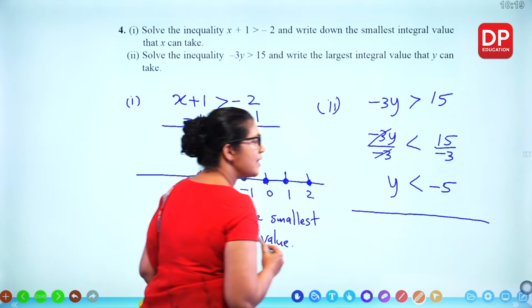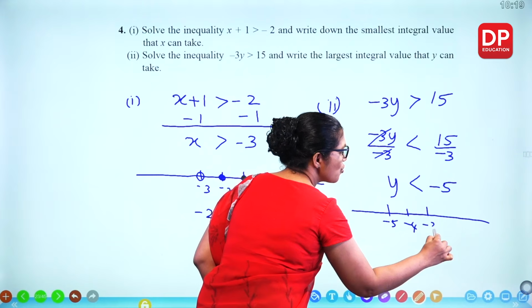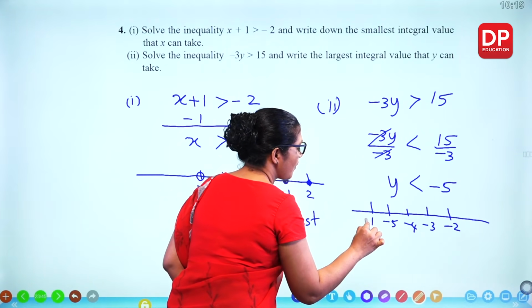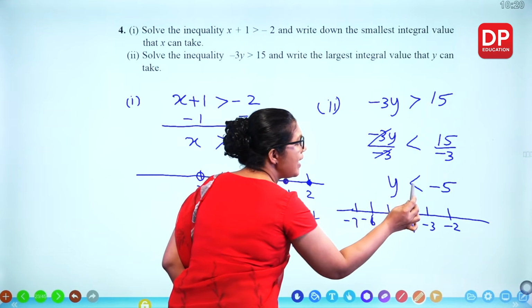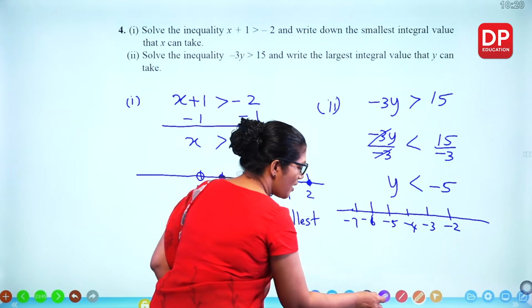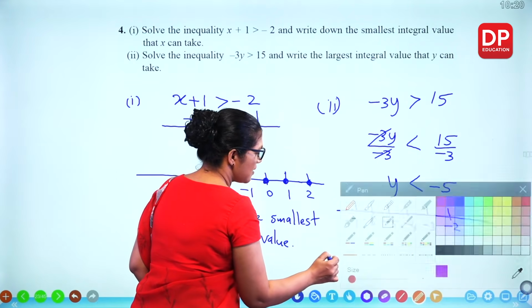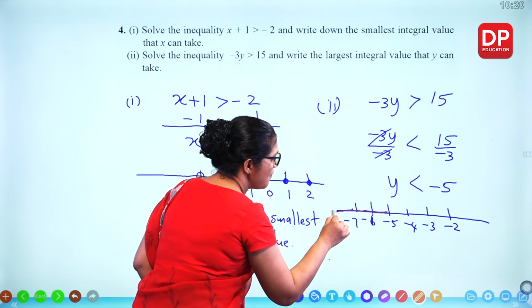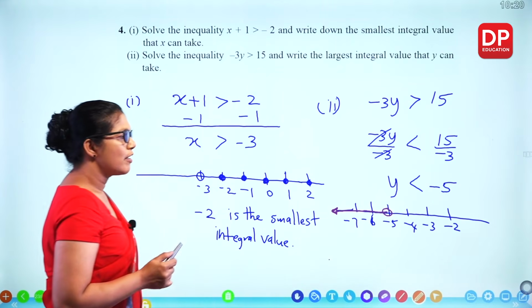So if you are drawing the number line, I can mark several numbers close to minus 5. And then y is less than minus 5. So which side is the less than side? Less than side means towards the left side, and minus 5 is not included.